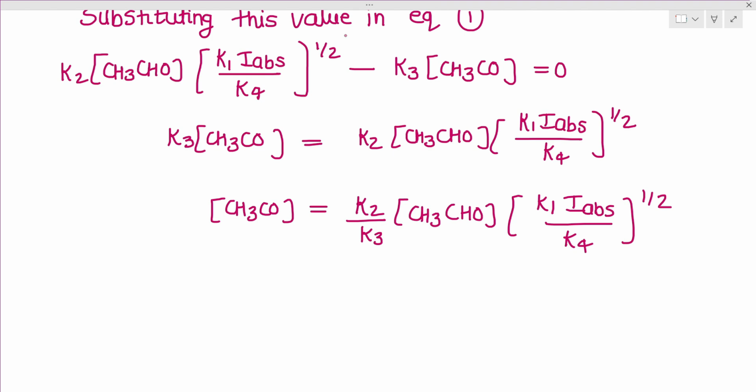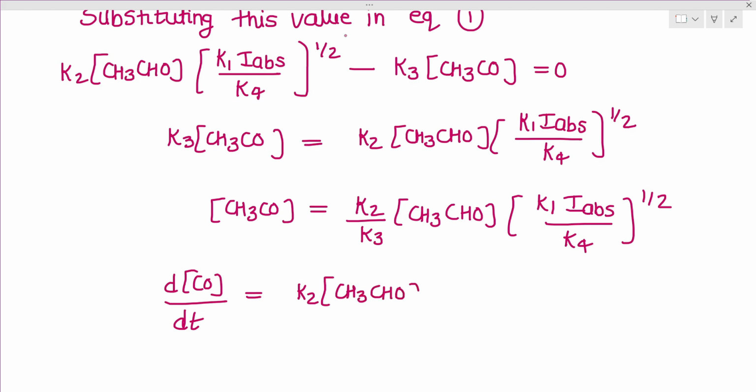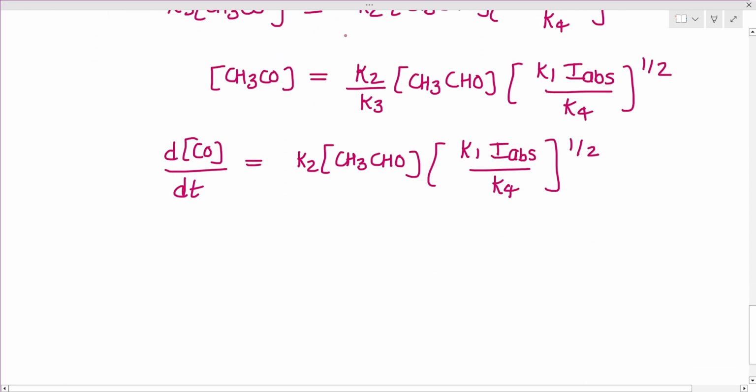So you are getting d[CO]/dt. This you have seen in the first equation, when we have written the rate law. Okay, this we have written. So we can write here k2 [CH3CHO] k1 I absorbed upon k4 to power half. Okay, or you can take the rate constants on one side.